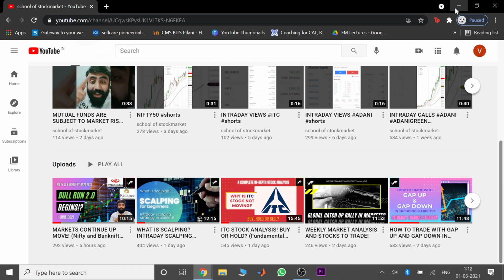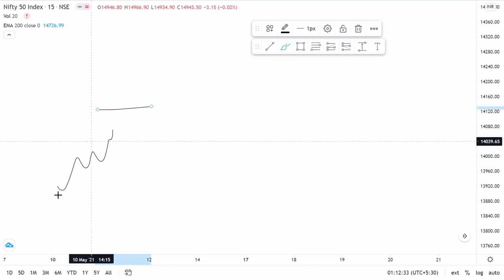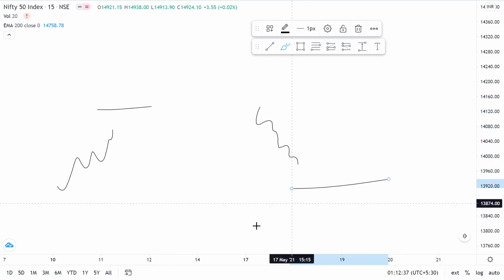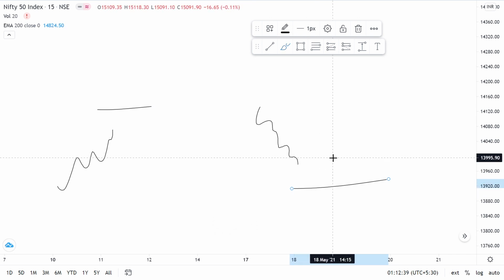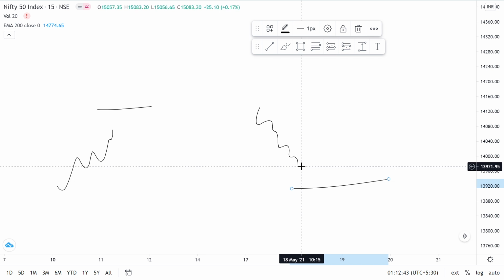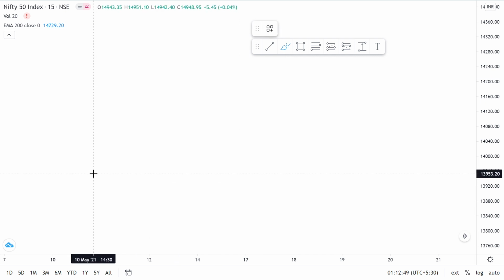So what we saw there was, in a market which is going in an uptrend, what happens if there is a gap up opening, or in a market which is going in a downtrend, what happens if there is a gap down opening. I have tried to explain that in that video, so please check that out. Today we'll be seeing the other scenario of a trending market opening with a gap up or gap down opening.